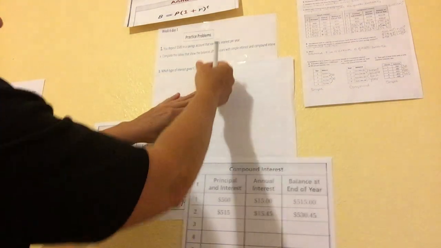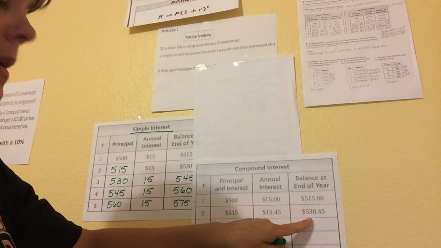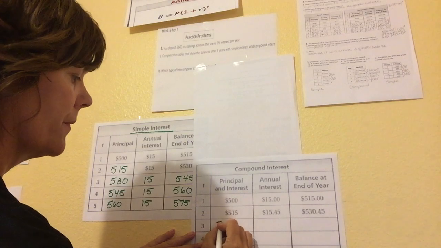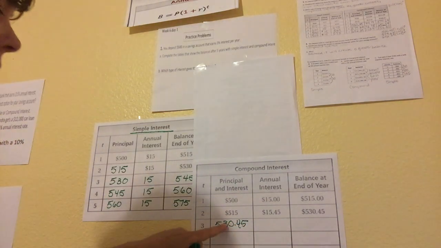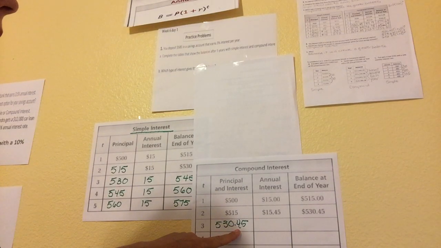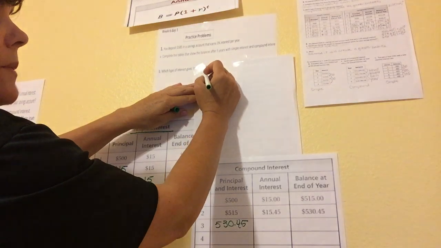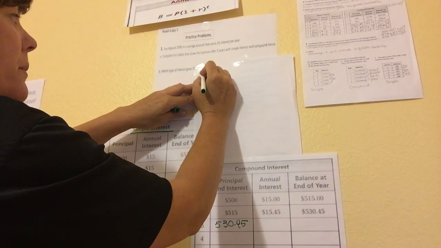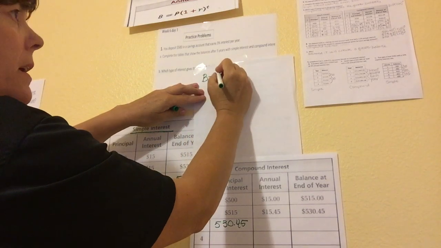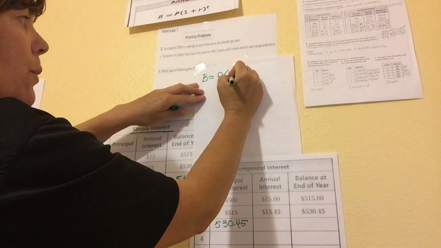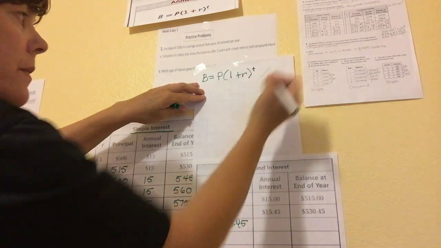Okay, so let's start here. So we're right here, and that number is going to come over here, 530.45. Okay, so 530.45 is our P, okay, our principal. So I'm going to write the formula again so you can see it. B equals, and that B is how much you're going to get, okay? And then we have P, we have 1 plus R, and then T, okay?